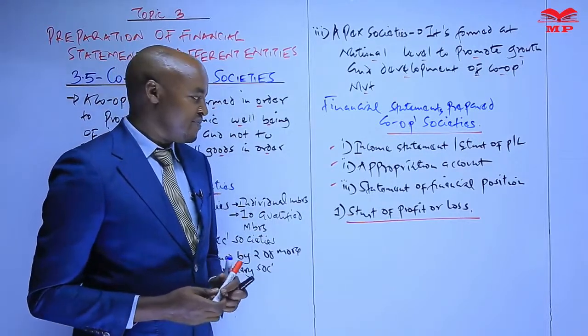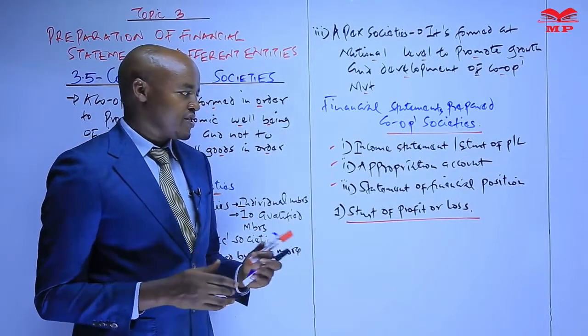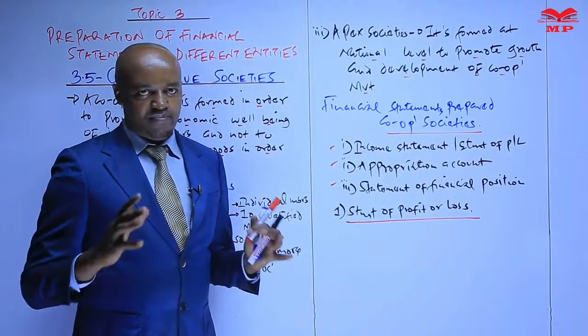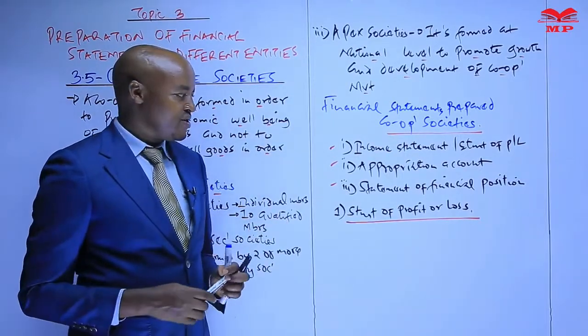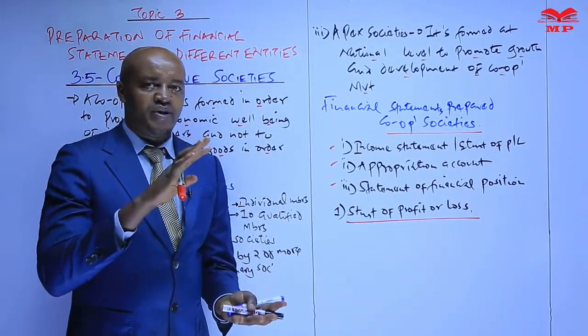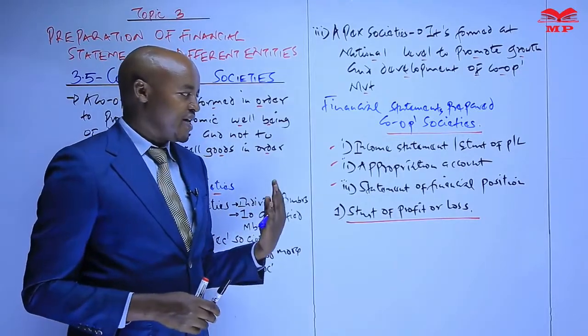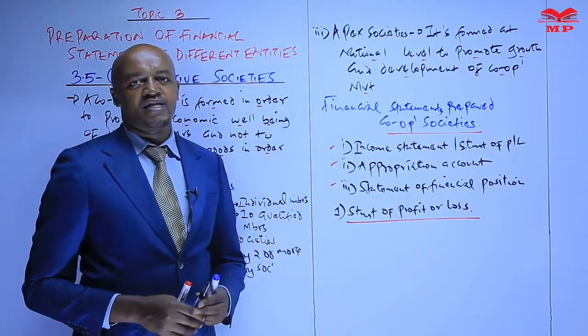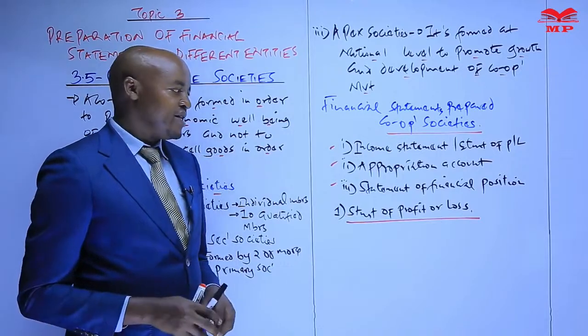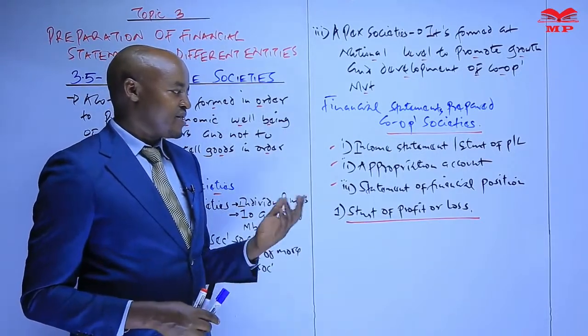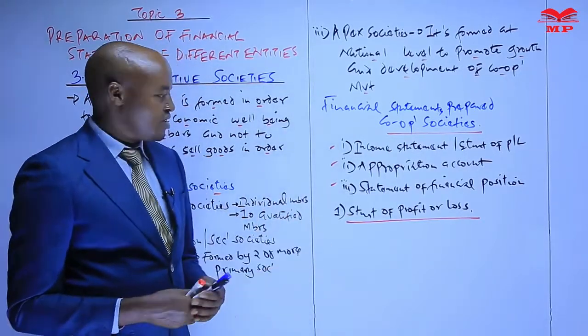So it means that in preparing the income statement, basically what the cooperative society will be doing is comparing the income of a given financial year and the expenses or expenditures incurred during that year. Any difference between the two is actually a profit or a loss.